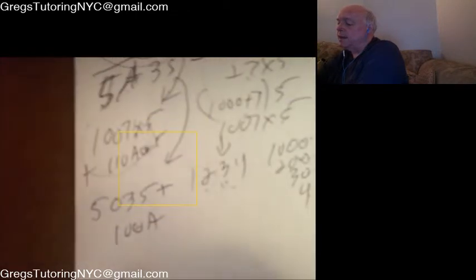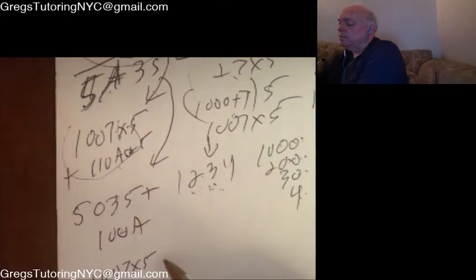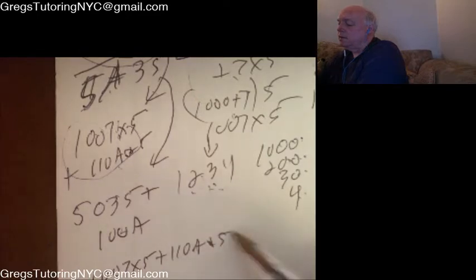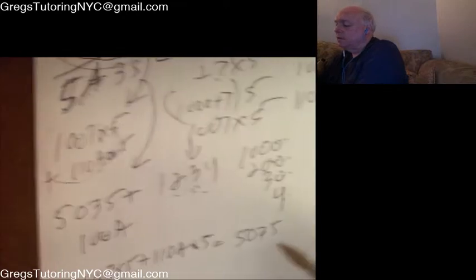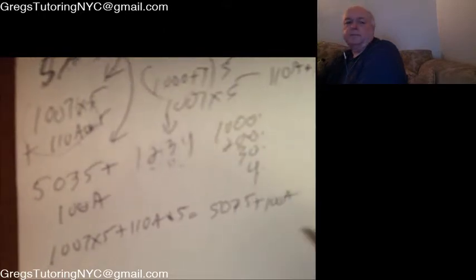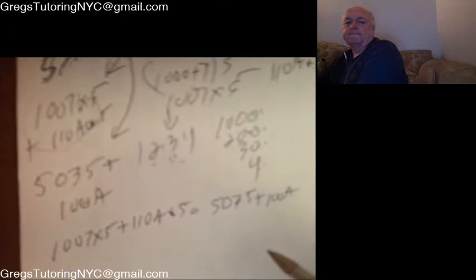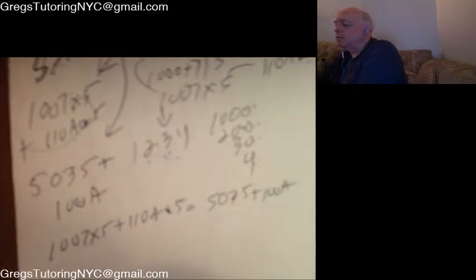So let's write that out in a more normal form. So we have 1,007 times 5 plus 110A times 5 equals 5035 plus 100A. And now we just have normal algebra. So we can do the distributive property with the 5 if we want, or we could just multiply things out.